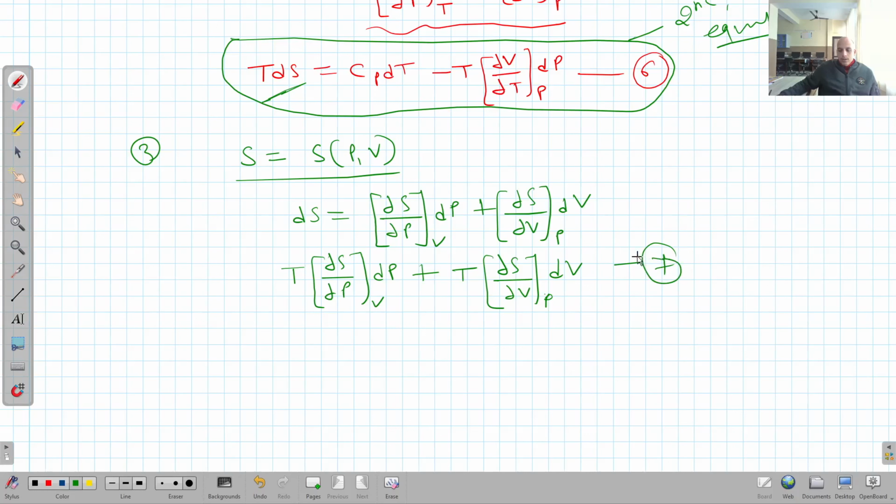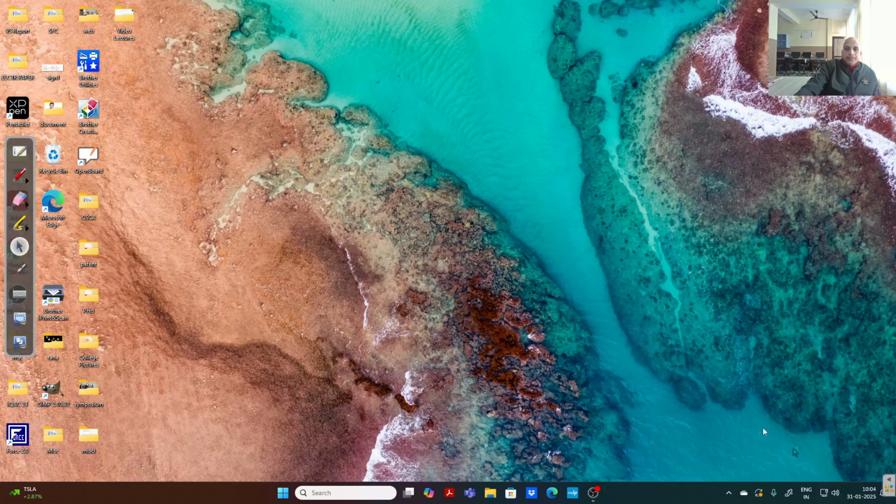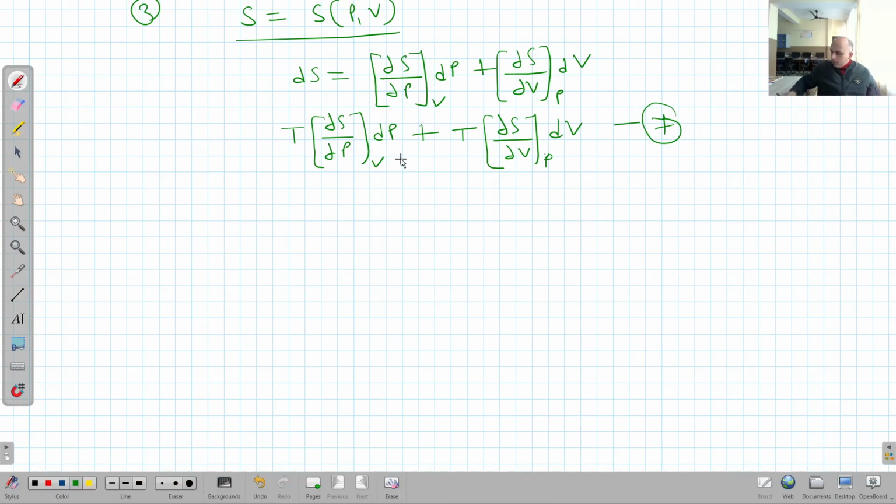Now we can simplify this equation further by making some substitutions. Now, you can see in this equation number 7, we can't make substitutions as we did in the earlier cases, because these two terms are not linked with any term.